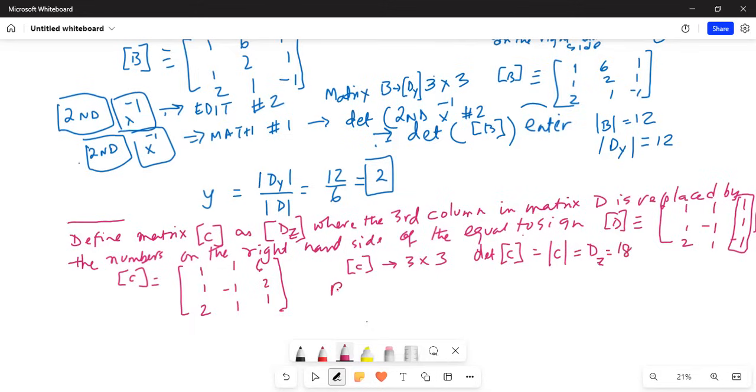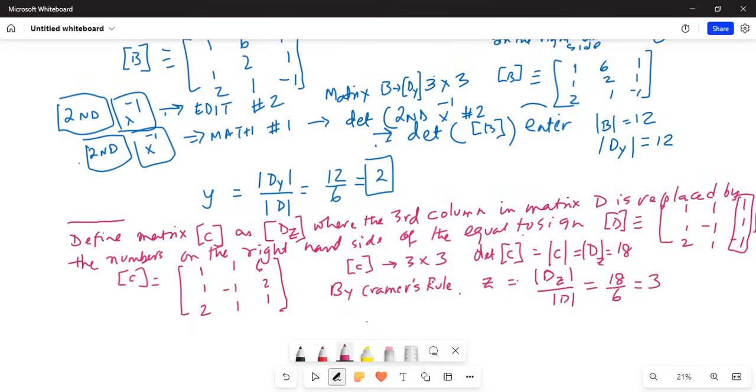So by Cramer's rule, Z is equal to determinant of DZ divided by determinant D, which is 18 divided by 6, which is 3.